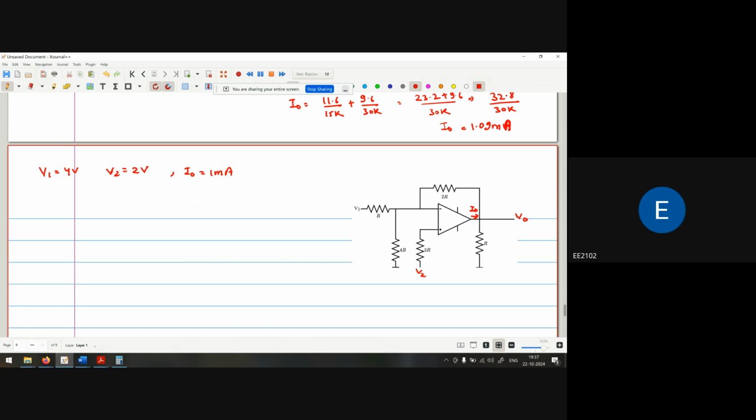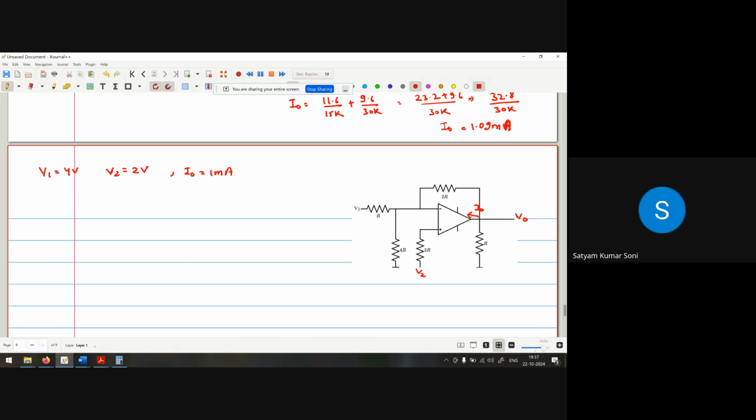Now how can I solve this one? Sir, I think I naught is coming into the amplifier. Yes, it is coming inside. I think this is the direction of I naught. Yes, it's fine. Okay, so now tell me.